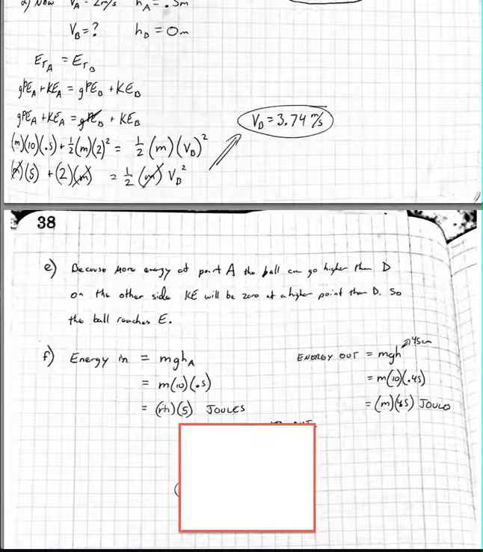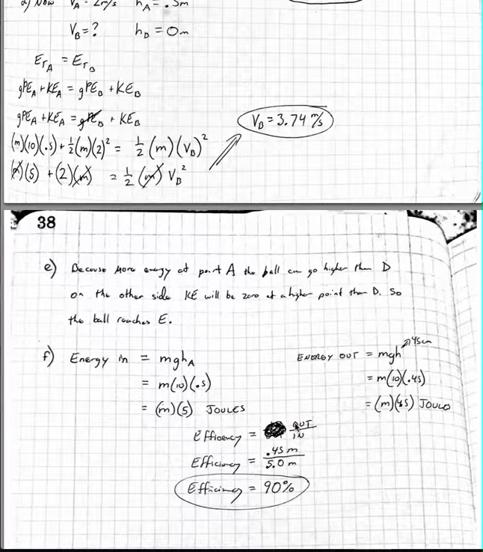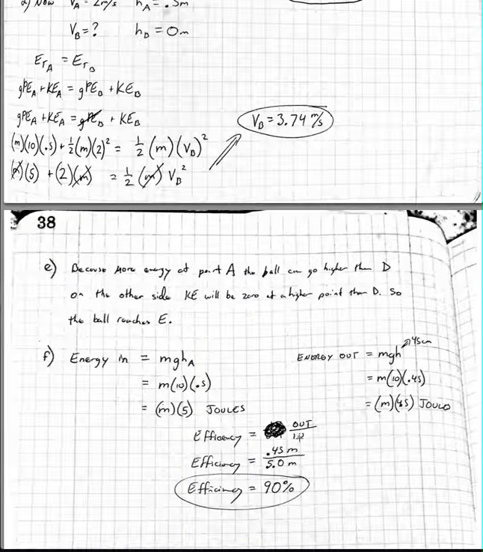So energy in is mass times 5, and the energy out is the mass times 4.5. So if we do the efficiency as being however much out divided by how much you put in, then I get 0.45 times the mass divided by 5 times the mass.